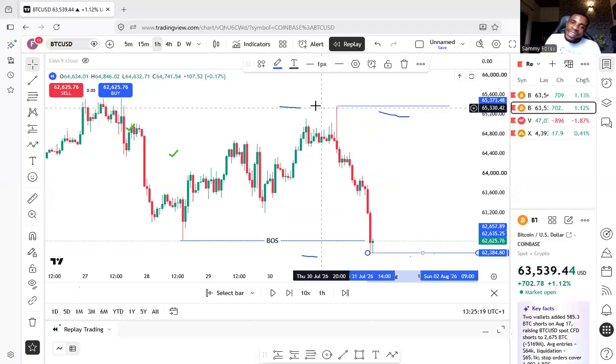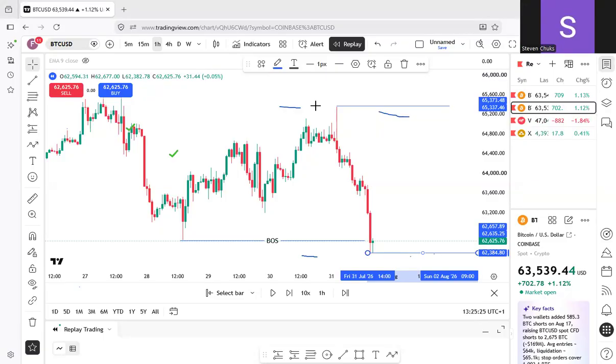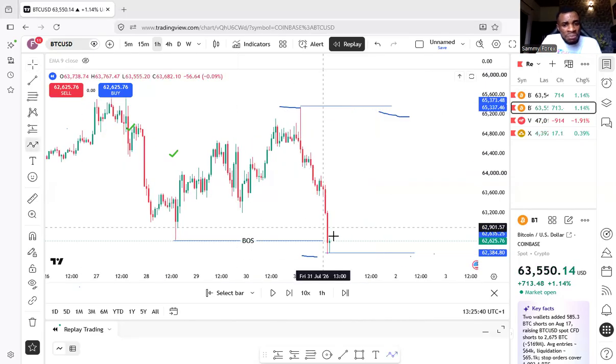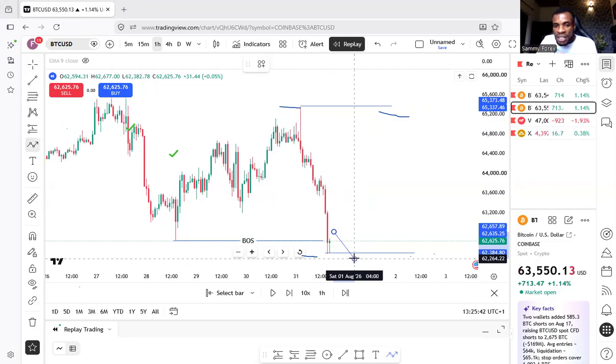Any liquidity that is located outside, not inside, is external. That's why the trading range is very important. The range of the market is the most important; that's where the direction lies. If price does not break out from this low, there's no break of structure yet.